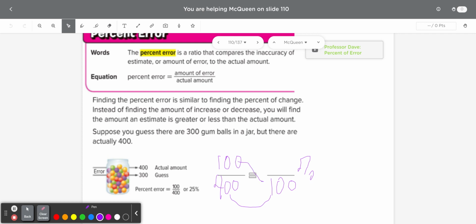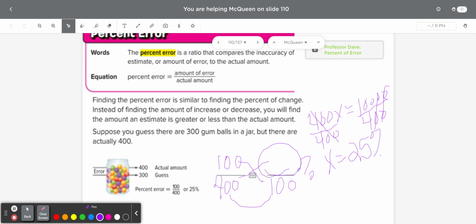And so when we use our cross products here, we end up with 400x equals, and we divide both sides by 400. And we end up that x, simple way here, equals 25. 25 what? Well, we're on the percent side. 25% error. Percent error. Okay?